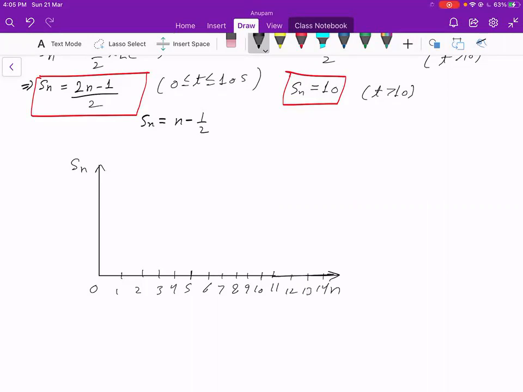Till 10, I have to plot n minus half. For n equal to 0, Sn is minus half, but there is no such thing as the 0th second. We have to start from n equal to 1.